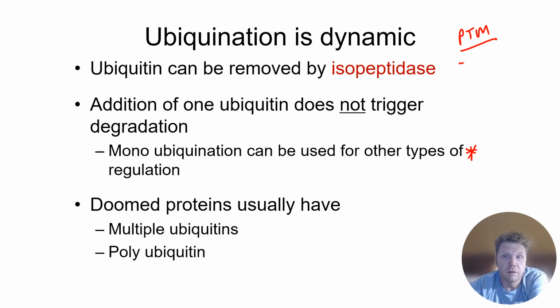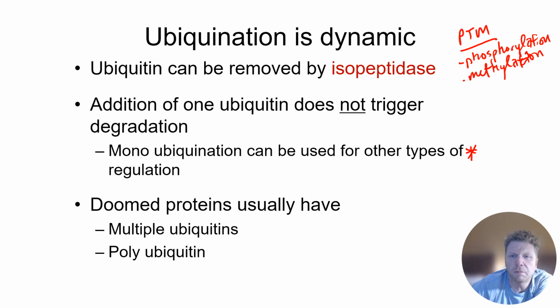We've talked about phosphorylation, and we've talked about methylation. There's acetylation. There are a number of different post-translational modifications where we add a group onto an amino acid on a protein.